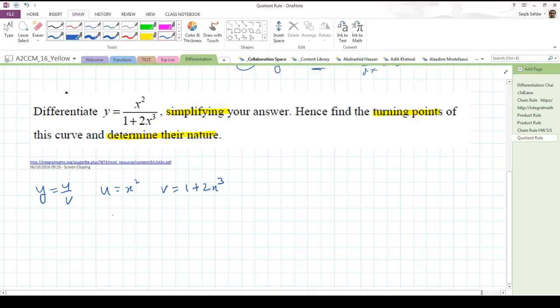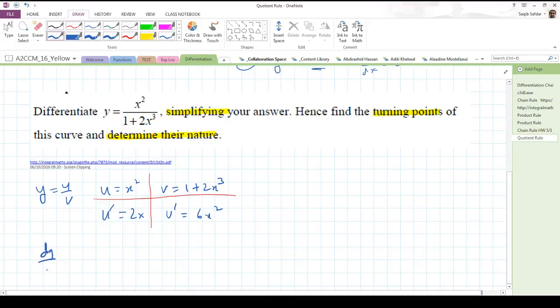Now, like I said, when you do the product rule, it's always good to have a little four quadrant sort of box, and write down u prime, v prime explicitly. So u prime just gives us 2x, and v prime gives us 3 times 2 is 6x squared. Now, the reason why you write them out like so is, as you can imagine, the actual working out will get quite messy as you make all these substitutions.